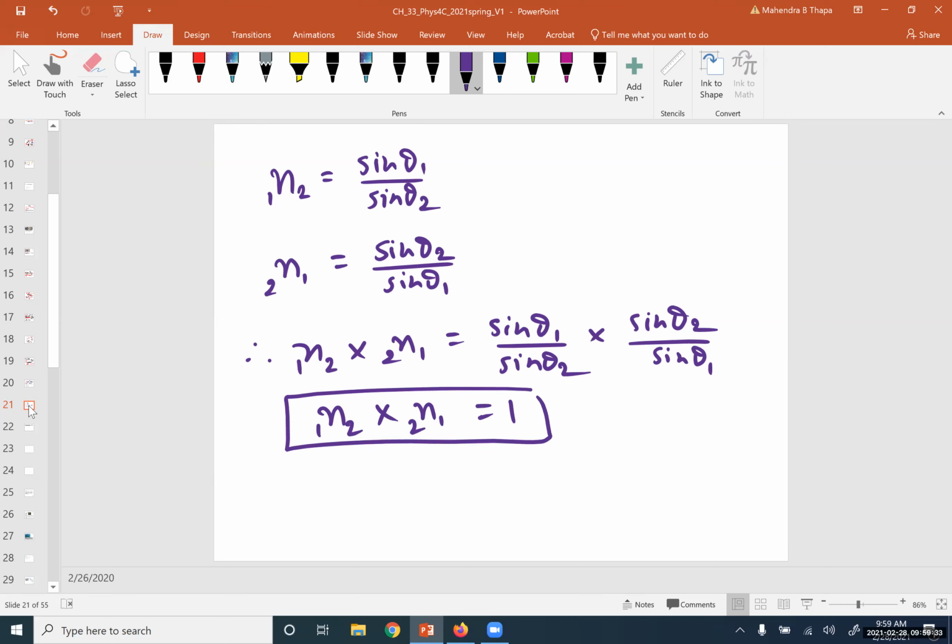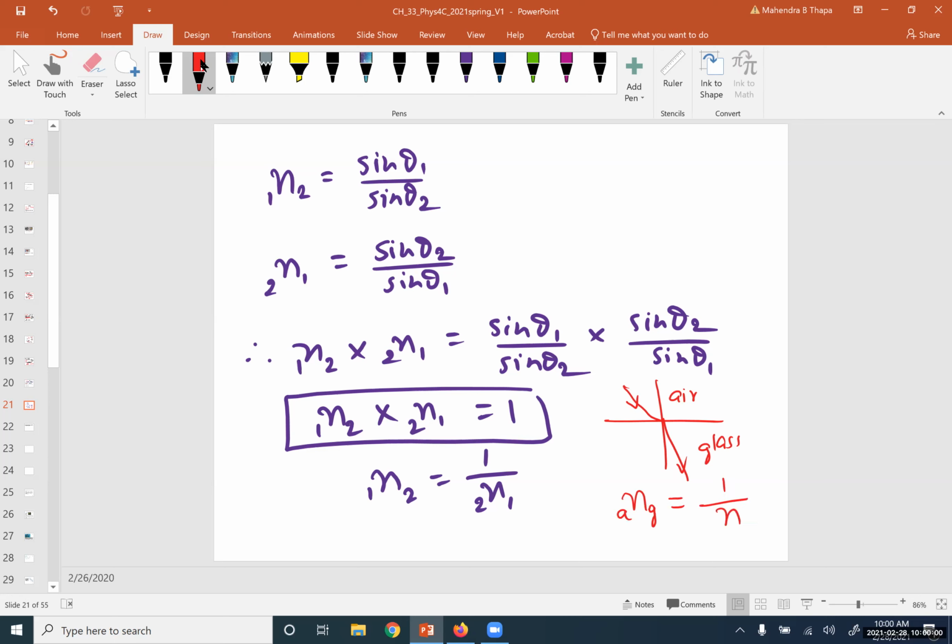So they have the inverse relation. Okay, this means 1 over 2 1. So that gives the one important concept here. If light travels from air to, say, for example, glass, this means the refractive index of glass with respect to air will be exactly equal to 1 over the refractive index of air with respect to glass.